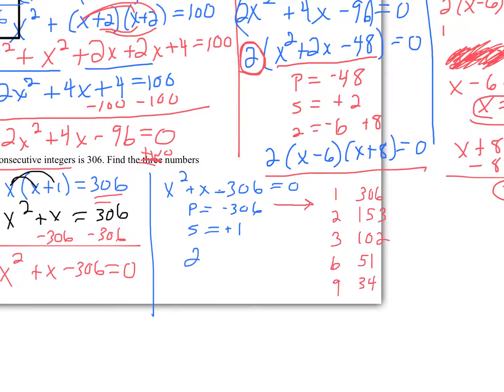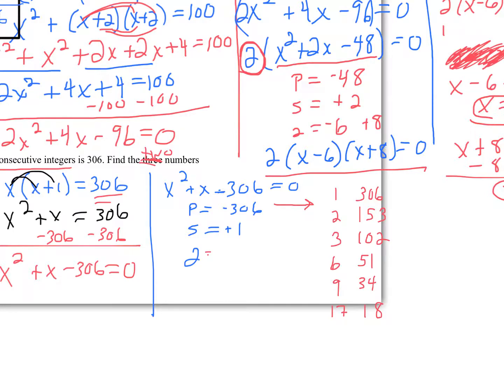Alright, we're getting there. Try 10, certainly not. 11, 12, no. 13, nope. 14, nope. 15, no. 16, it's not divisible by 4, so no. 17, and when you get there, 17 and 18 give you 306, and they will subtract to 1.